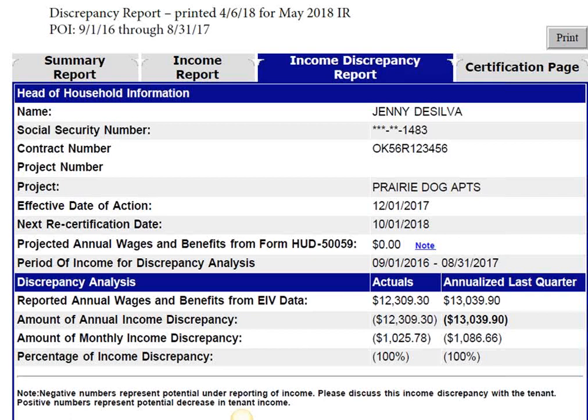That's what you're trying to accomplish when you're resolving discrepancies. EIV thinks we should have put 12,309. Let's find out where it got that 12,309. And then if we can explain why we did something different, we can document the file that we're human, we have a concept of reality, and we're smarter than EIV. Okay?